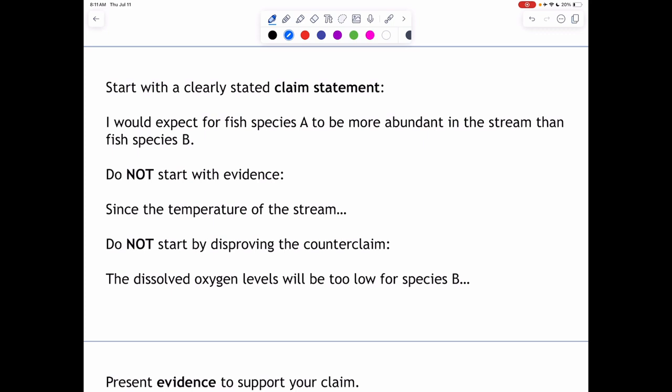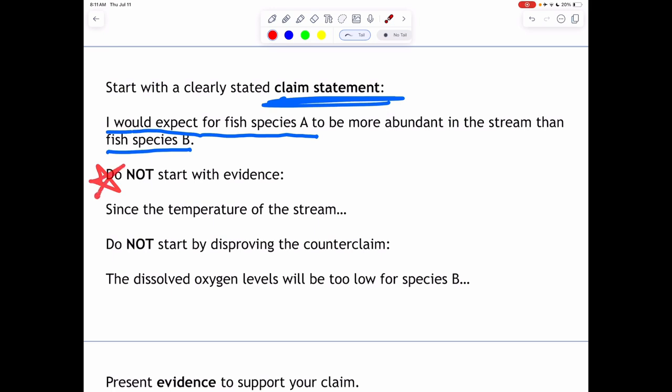All right, let's start with our claim. As I mentioned before, the question asked, which fish would you expect? So therefore, I'm going to respond with a very clear claim statement that says, I would expect fish species A, very, very clear here, to be more abundant in the stream than fish species B. Most importantly here, we cannot start with the evidence.